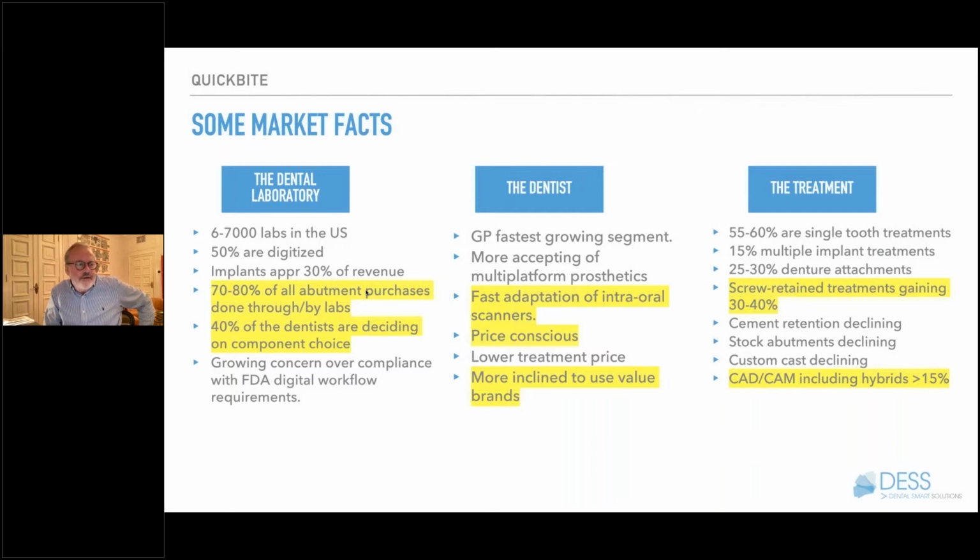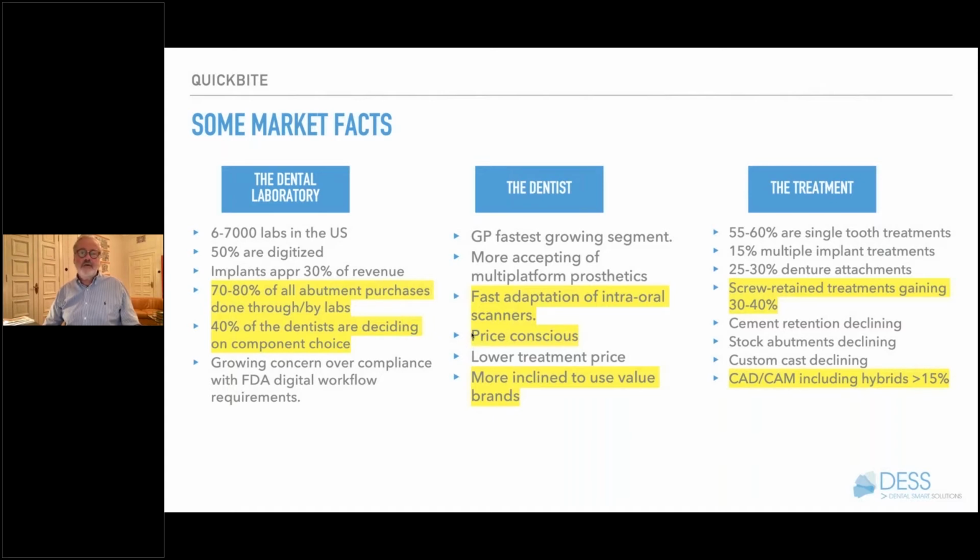We see a very strong trend back towards screw retained treatments, and it's gaining a share of the overall treatments at the expense of cement retained treatments. And of course, the use of CAD/CAM or hybrid solutions with tie bases and so on, and CAD designed final prosthetics, is something that's growing very fast as well.